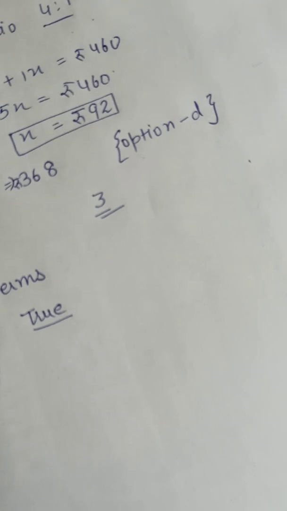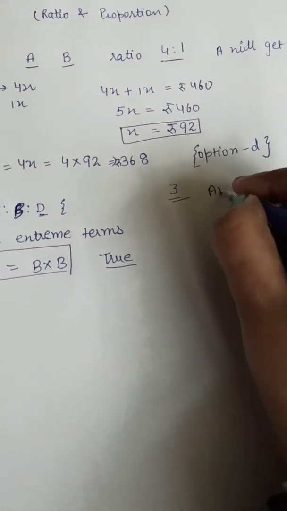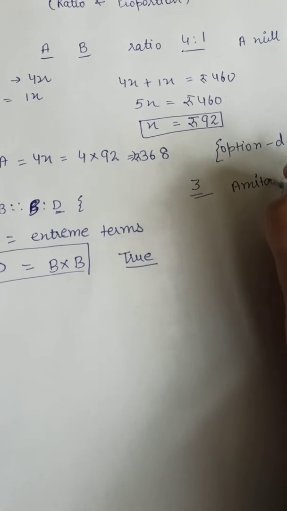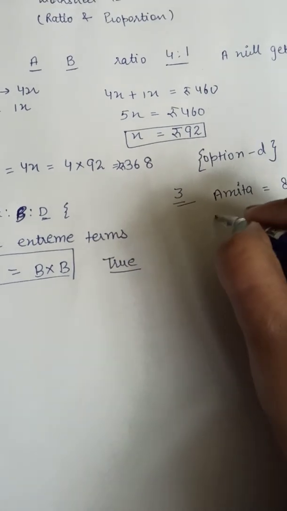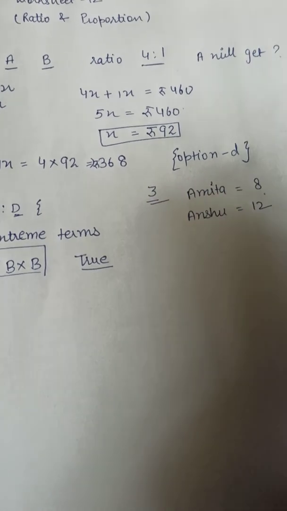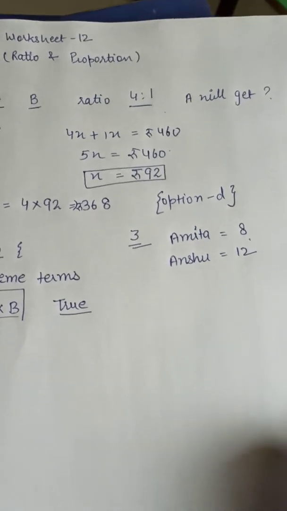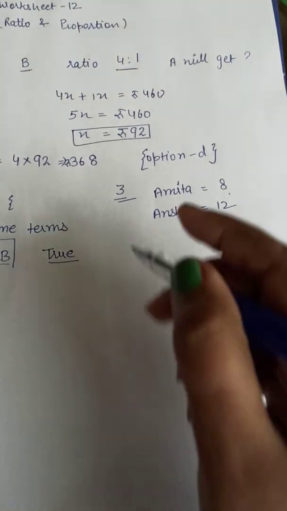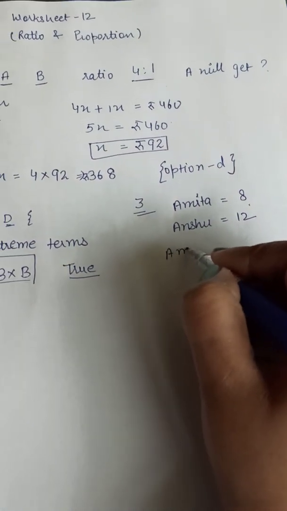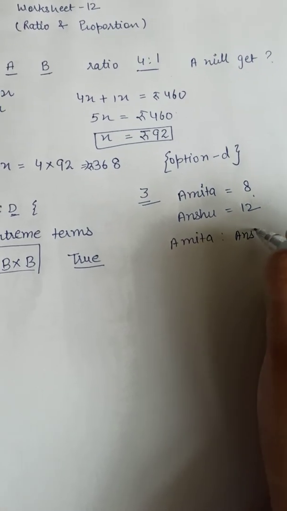So first of all, we will write that Amita, how much? 8. Anshu, how much? 12. Now we have to find the ratio. Means first will come Amita, ratio Anshu.